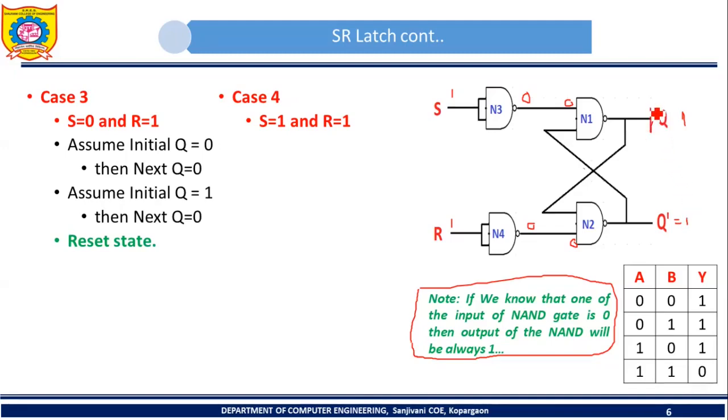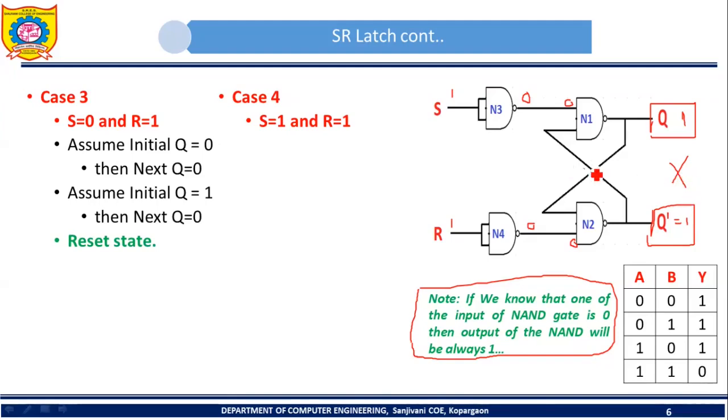So now consider what is happening on output side. So see, here we are getting value of Q as 1. We are also getting Q prime as 1. So whether it is possible, it is not possible. So when we discussed 1-bit memory cell, at that time I told you that when Q is 1, Q prime must be 0. And when Q is 0, Q prime must be 1.